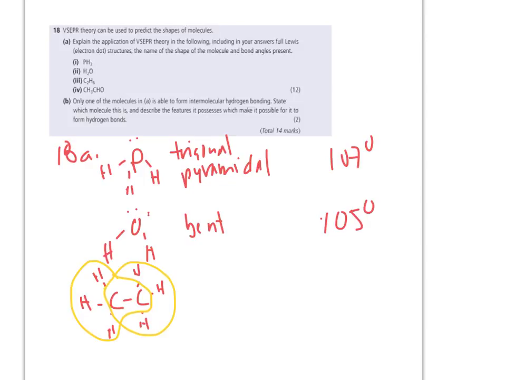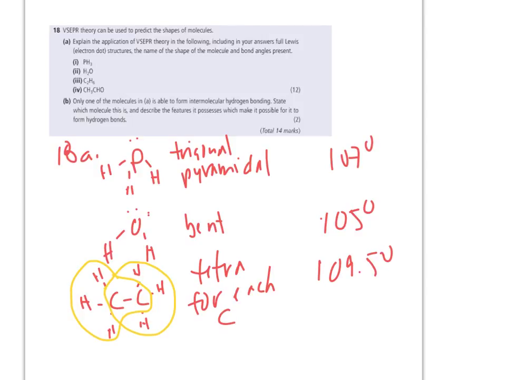But I don't consider both carbon at the same time. So from the perspective of each carbon, it's tetrahedral. So for each center atom, for each carbon, it has a tetrahedral shape around it. And that means the bond angle is 109.5.